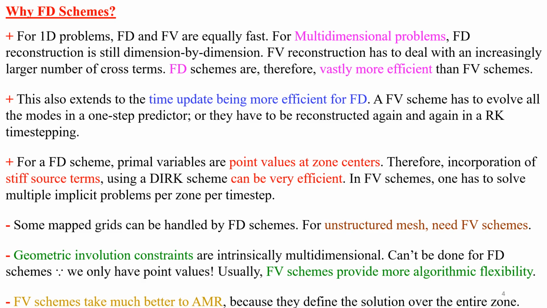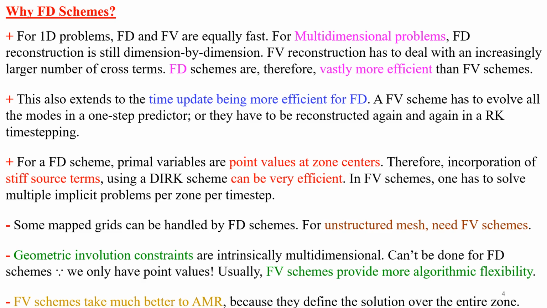However, for multidimensional problems, the finite difference reconstruction is extremely simple and low cost, whereas the finite volume reconstruction, as you go to successively higher orders, involves many more cross terms in the moments that you have to reconstruct, and that increases the cost of one single stage of your finite volume approximation relative to the finite difference approximation. So we all like lower cost, therefore we prefer finite difference approximations for certain applications where we can benefit from them.